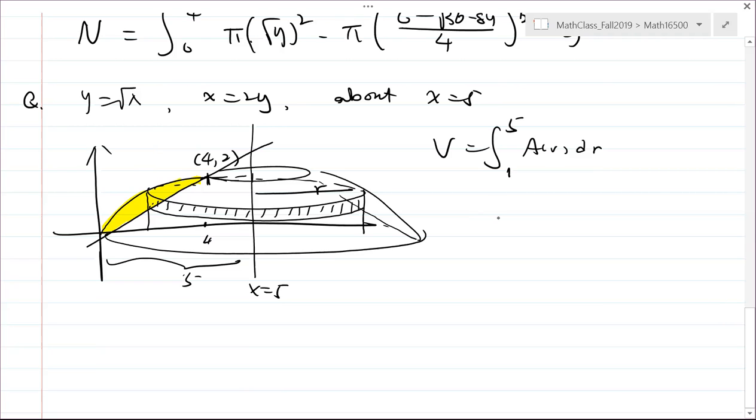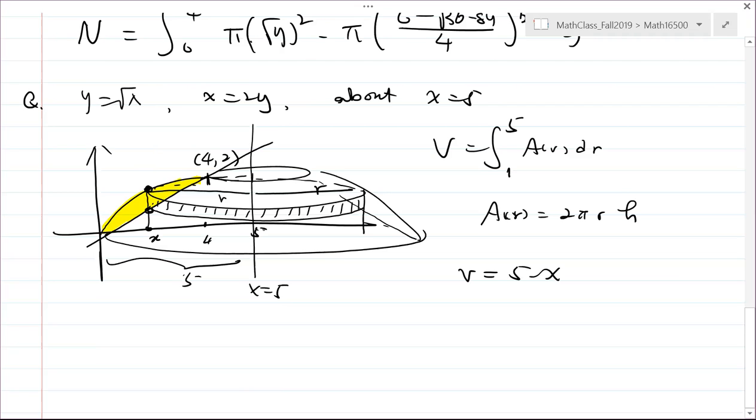So what is the A(r)? It's 2 pi r h. So we need to figure out the h. So h is in terms of r, right? This is r. So for the same point, for the same x, I think r is going to be 5 minus x, right? Here's a 5.